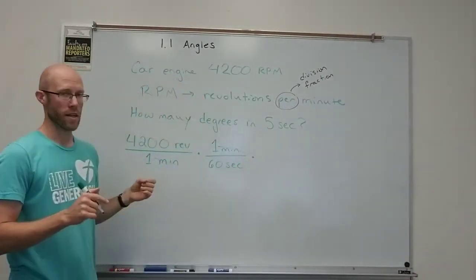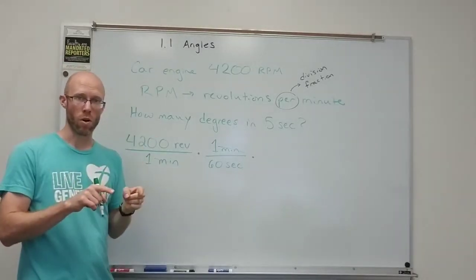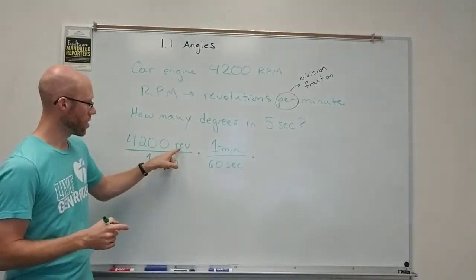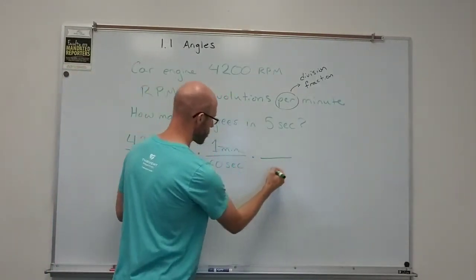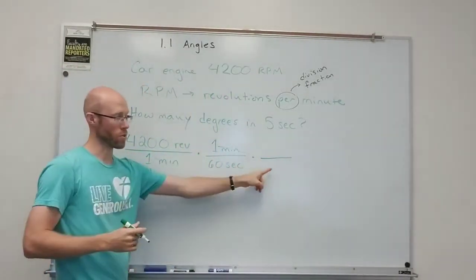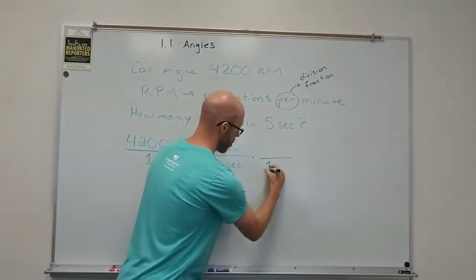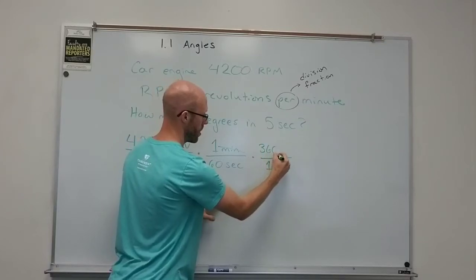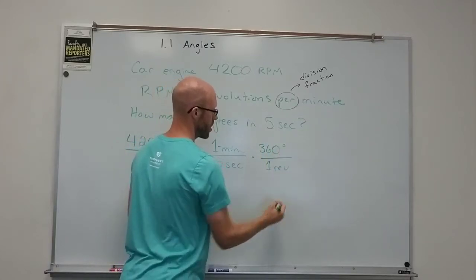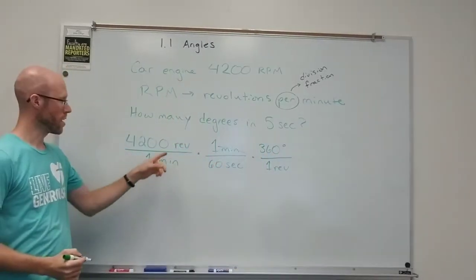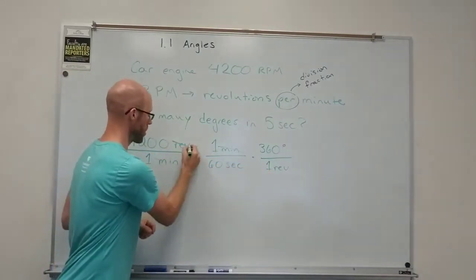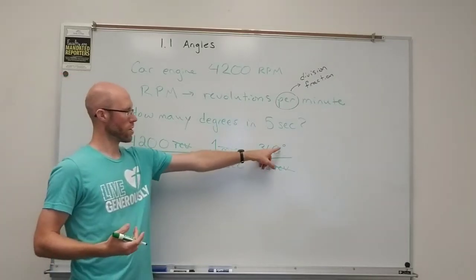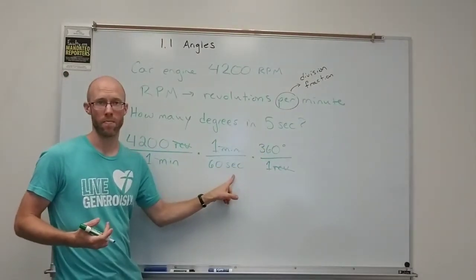I know that in a full circle, that's one revolution, there are 360 degrees. So I'm going to put those together. Now the revolutions need to cancel out, so I need to put those in the bottom. That's one revolution in 360 degrees. Again, the revolutions, one on top, one on the bottom, will cancel out, and essentially I'm left with degrees per second.